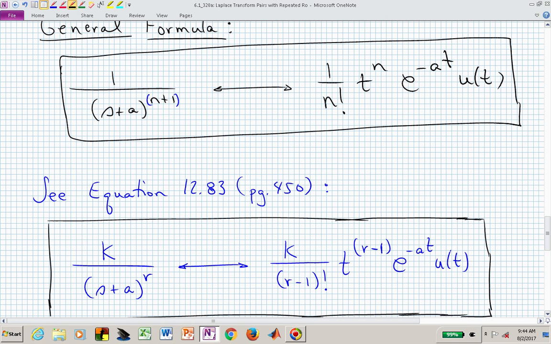How many t's do we have? Well, we have r minus 1 t's in front of it, and we have the exponential because of the pole at s equal to minus a. So we have k over r minus 1 factorial, t to the r minus 1. Those are 1 fewer in number than the number of roots at that location, with the exponential e to the minus at.